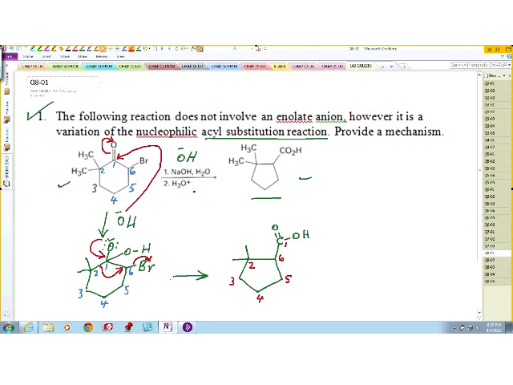Once you get your product, right? Then what? Why do we need this here? Why do we need the hydronium ion? You got to ask the question, why do we need the hydronium ion? Lana? To stabilize it. No, okay, now, look at what you have here. You have a carboxylic acid.